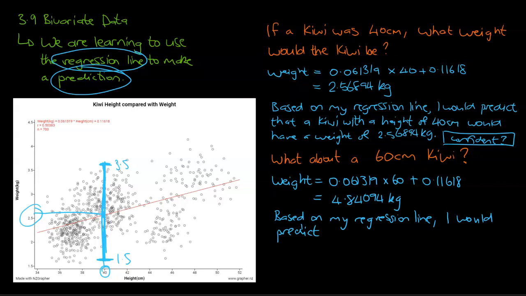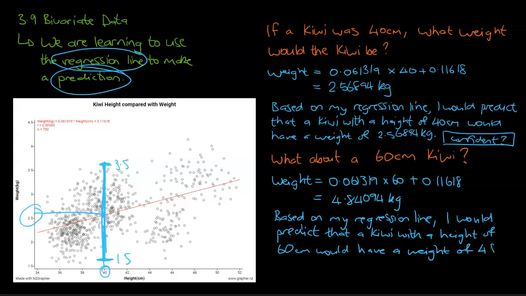So I would predict that a Kiwi with a height of 60 centimeters would have a weight of 4.84094 kilograms, full stop.